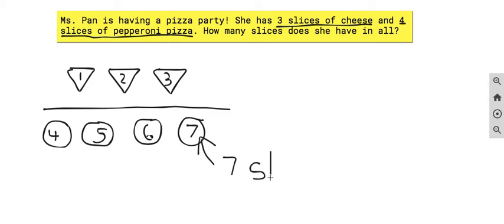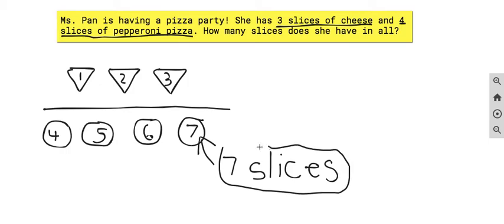Remember, we need to label our answer so that people reading and seeing our work knows exactly what we're talking about. We're not talking about stickers or students or lunches. We're talking about 7 slices of pizza. I'm going to circle my answer so people know that this is my answer. 7 slices.